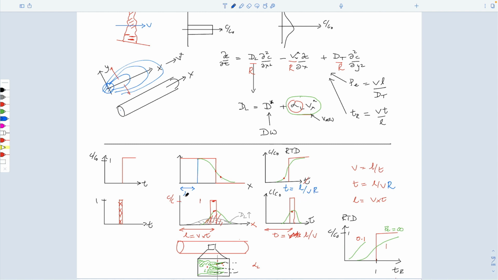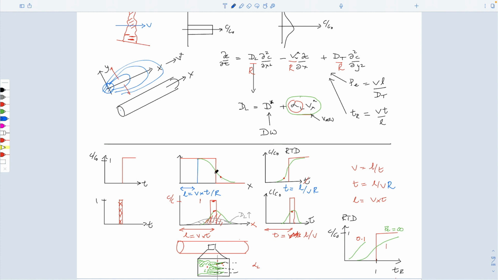And length is equal to velocity times time divided by retardation. So what it does is it simply scales our physical understanding of what's going on. It moves more slowly because it's retarded in space. Therefore, the plume doesn't travel as fast.